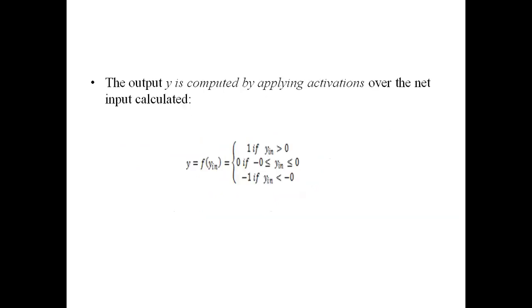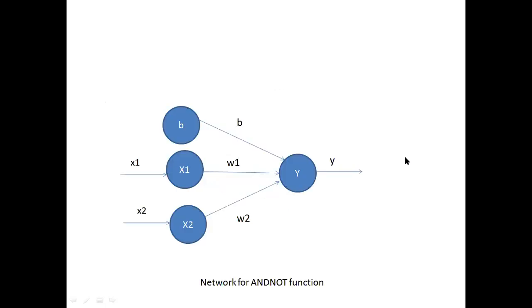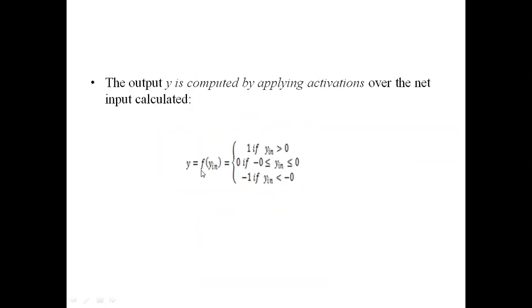The output y is computed by applying the activation over the net input calculated. That is how to calculate the output y. First we calculate y in from the formula b plus x1 w1 plus x2 w2. Then, when y in is more than 0, the value of y is equal to 1.